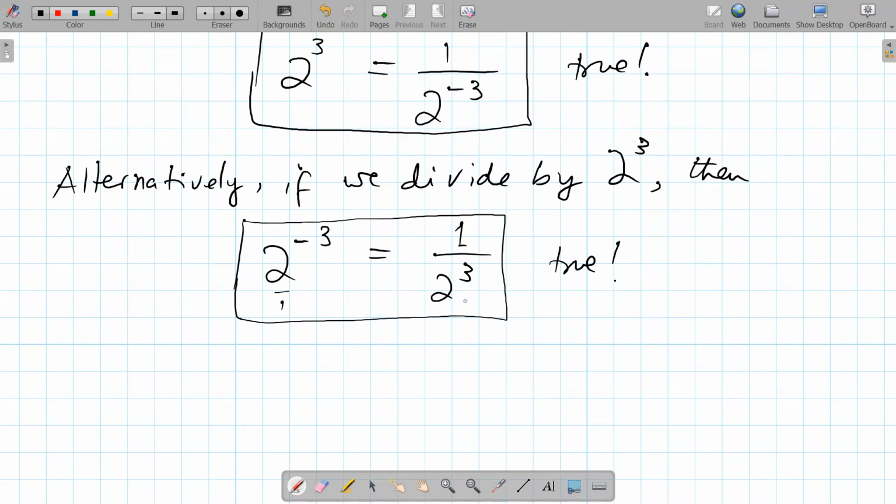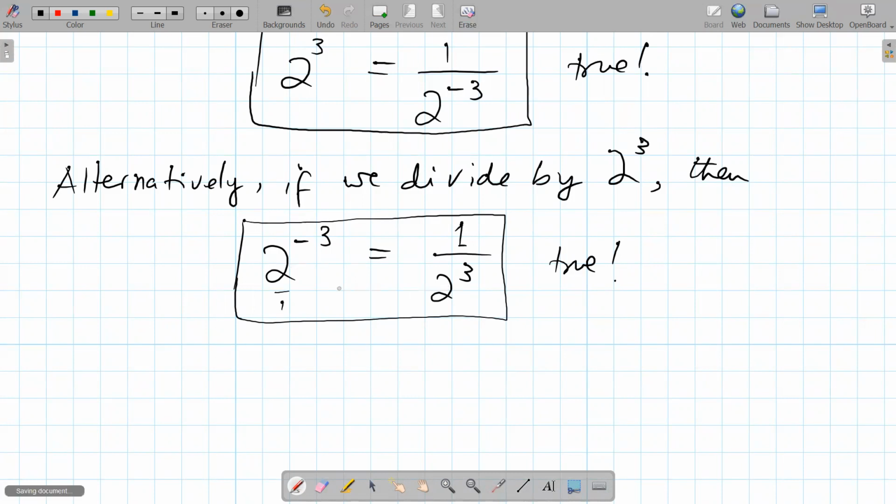But look at what happens on the right-hand side. A negative power 3 now turns to what? A positive power 3. And the reason is because the position of this exponential expression is changed here. It changed from the numerator to the denominator.